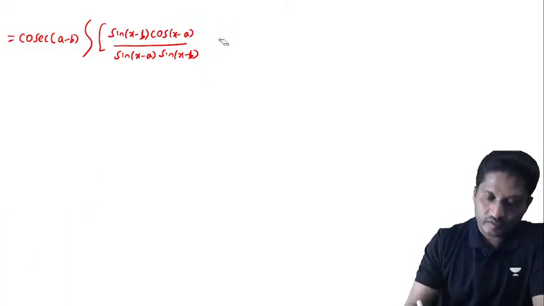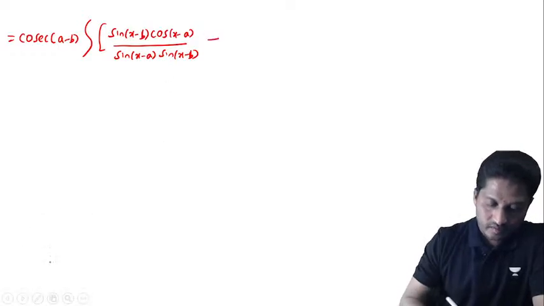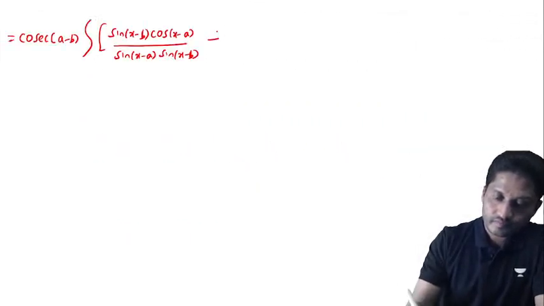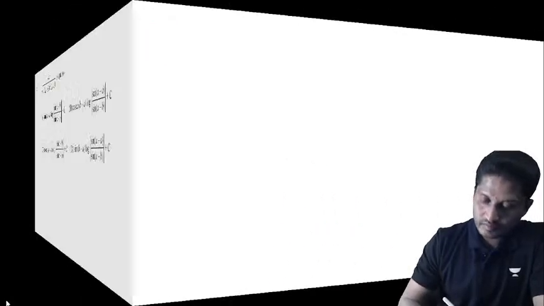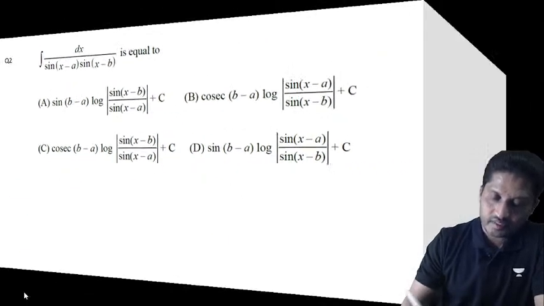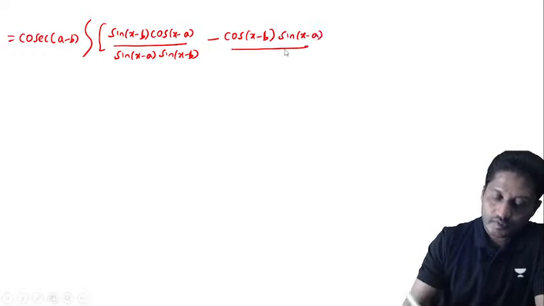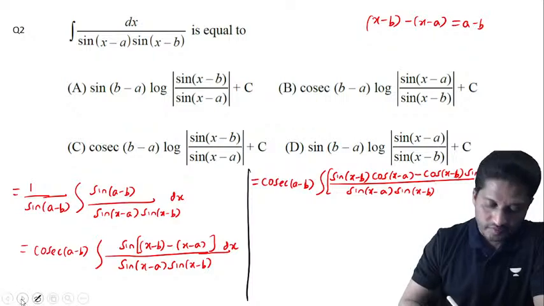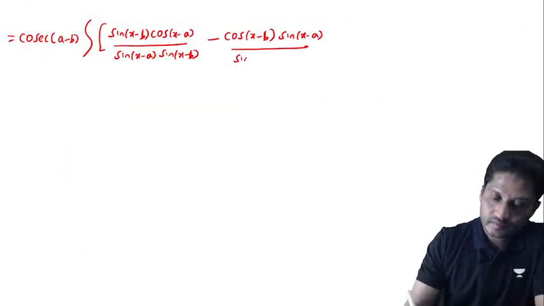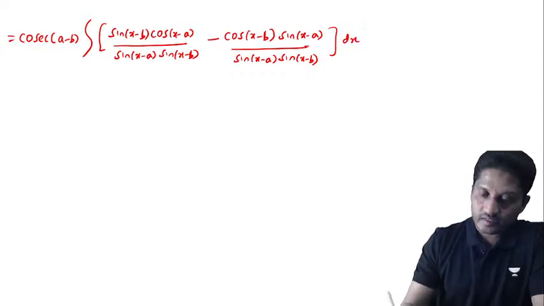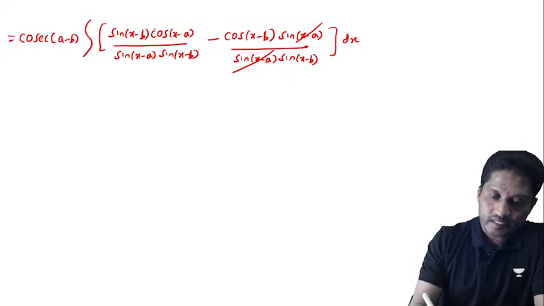Minus, if I separate once again, this is cos of x minus b into sin of x minus a, divided by sin of x minus a into sin of x minus b, and then dx. Now if I divide this, this will cancel and this as well.